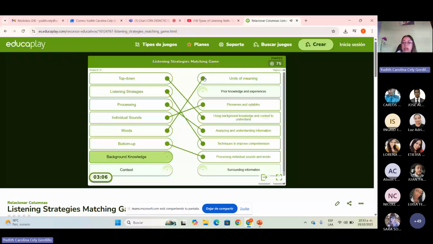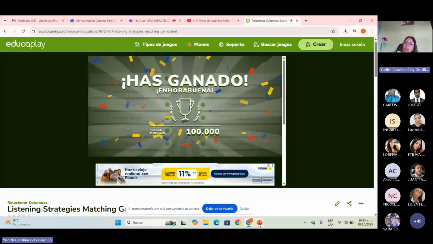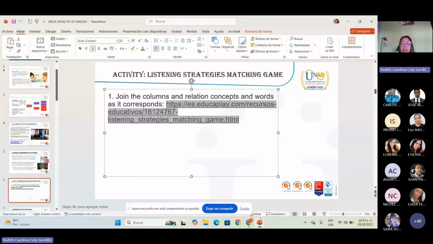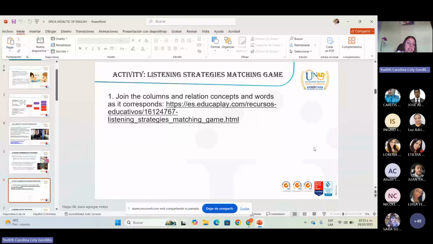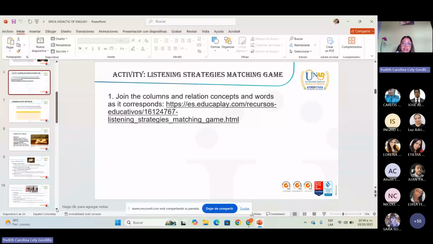And the context, this is the surrounding information. That's perfect. These are the different strategies that you are going to use in the listening part. The idea is that you can connect all those different things when you produce. This is part of the skill. Okay, that's perfect.